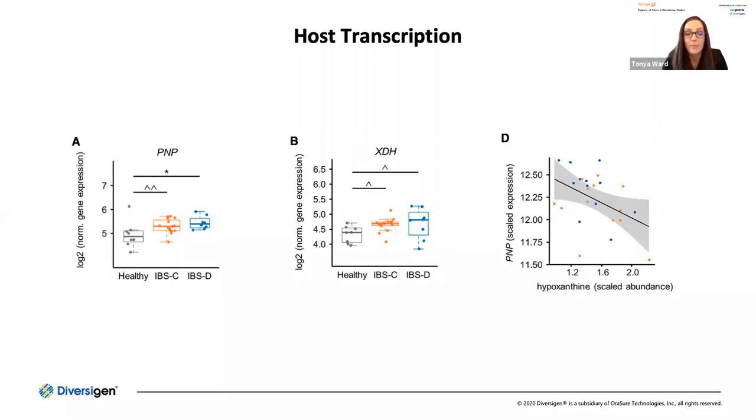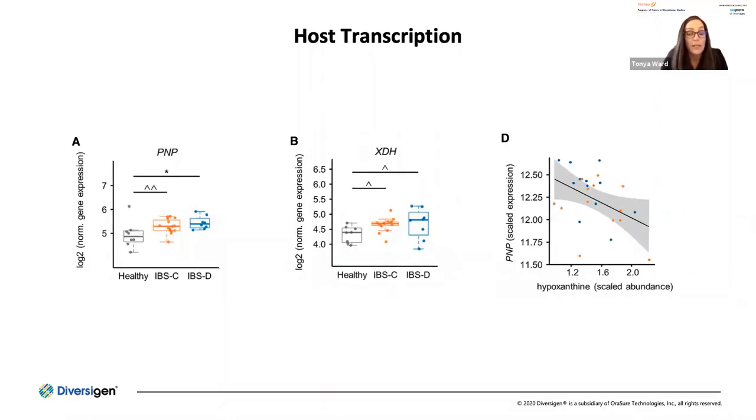And using the biopsy samples, we found that purine nucleoside phosphorylase, or PNP, the first gene in that purine salvage pathway, was actually increased in those with IBS. We also found that xanthine dehydrogenase in the host cells, so XDH, was also increased in the intestinal epithelial cells.